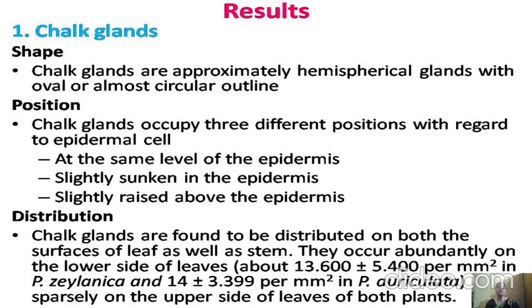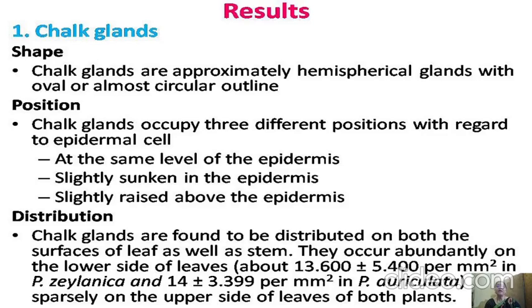Let us move toward the observations and results. First aspect is chalk gland. Chalk glands are approximately hemispherical glands with oval or almost circular outline. They occupy three different positions with regard to epidermal cell: at the same level, slightly sunken, or slightly raised above the epidermis.